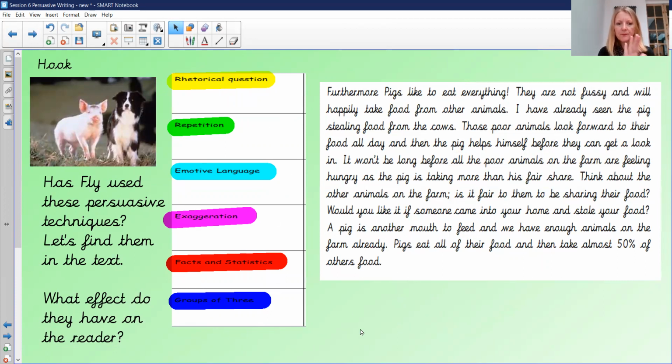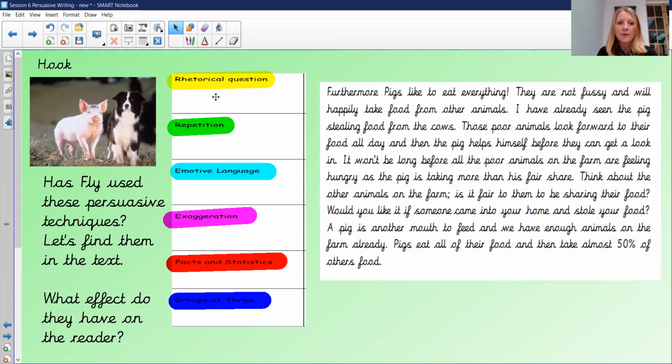Okay, so I've chosen some colours here that I'm going to use. You can obviously choose your own colours. So on your sheet that you've got, let's have a look at this paragraph, and can we find these different features in the paragraph from Fly's letter?